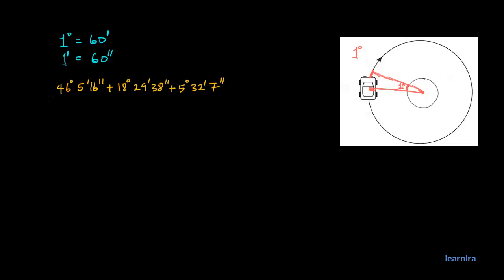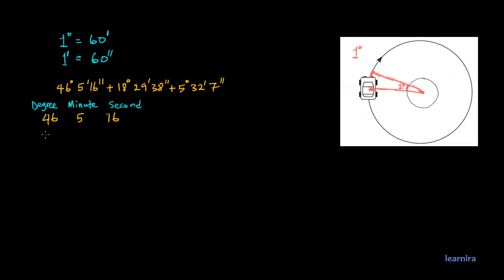What we need to do here is to arrange this. We'll write 46 degrees, 5 minutes, and 16 seconds. Here we'll just write degree, minute, and second. So we can continue with this.